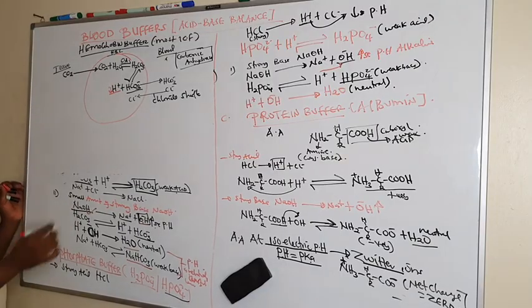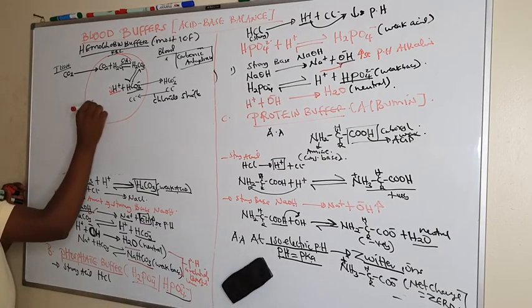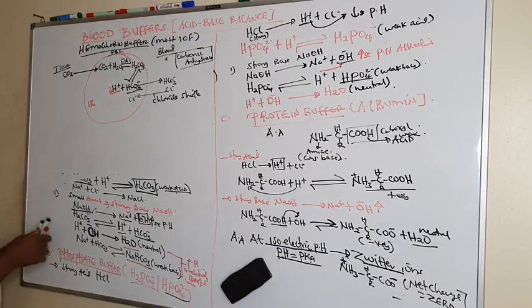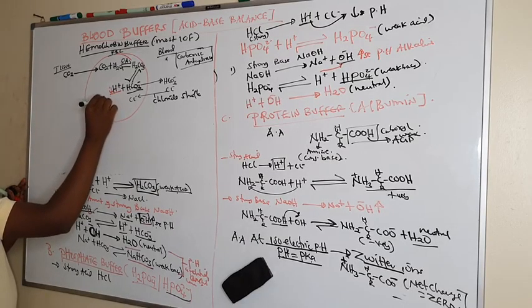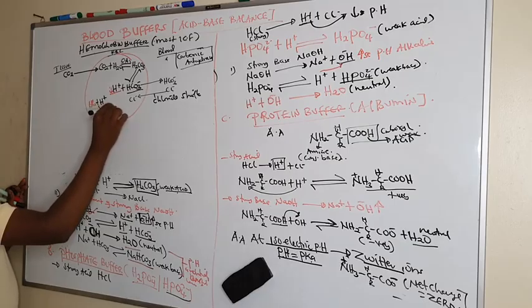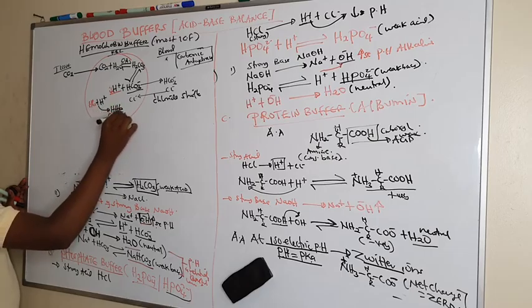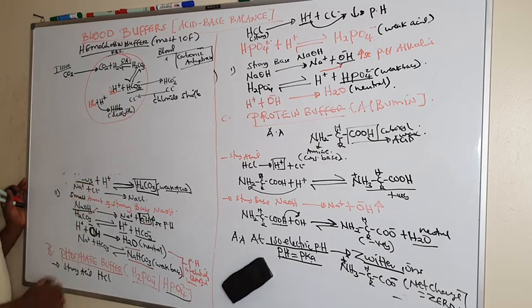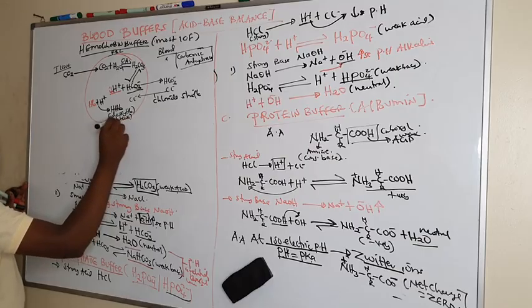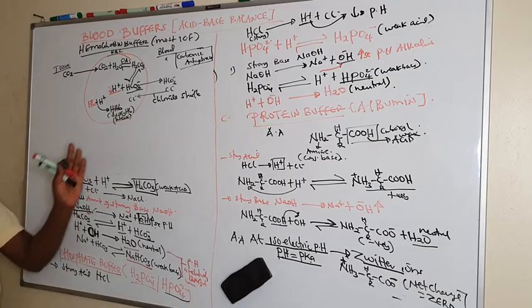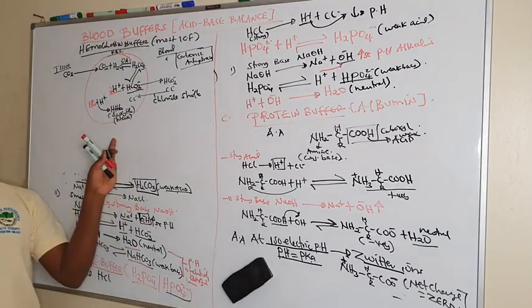So what happens within this cell, there is hemoglobin, and this hemoglobin has the ability to combine with the hydrogen ion to form deoxyhemoglobin, or you can call it hemoglobinic acid. And this deoxyhemoglobin formed is a weak acid. It can easily maintain the pH at a relatively constant level.